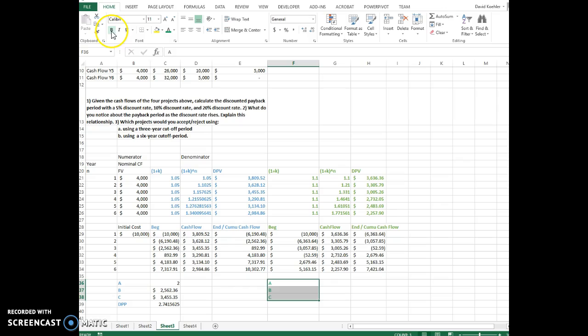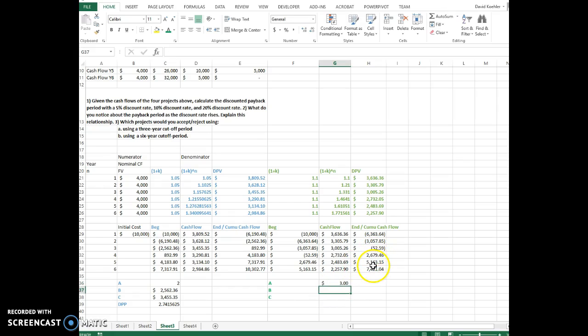This one, bold. Okay. In this case, A is the last year in which there was a negative cumulative cash flow, right? That's this number. You can see it's positive here. This is the last year that was negative. What year was this? 3. So now A is going to be equal to 3.